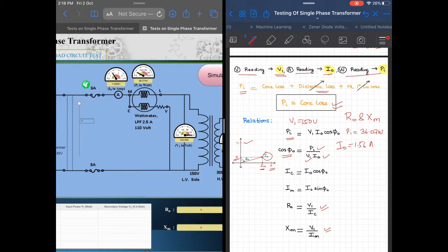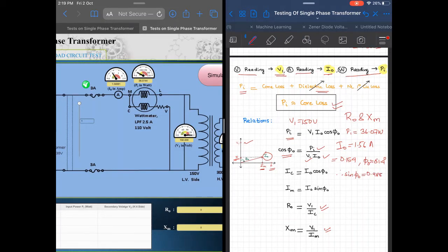We'll simply put in the values and find cos phi naught. So cos phi naught comes to around 0.154, which implies phi naught is approximately 81.4 degrees. Therefore sin phi naught will be 0.988.